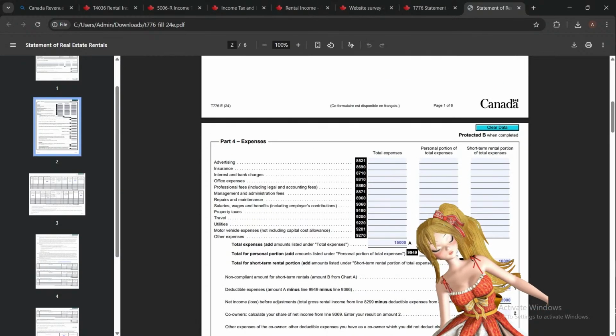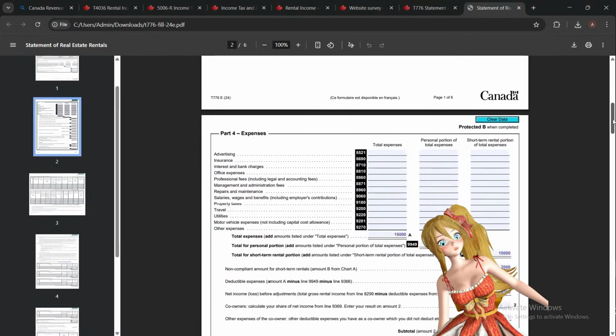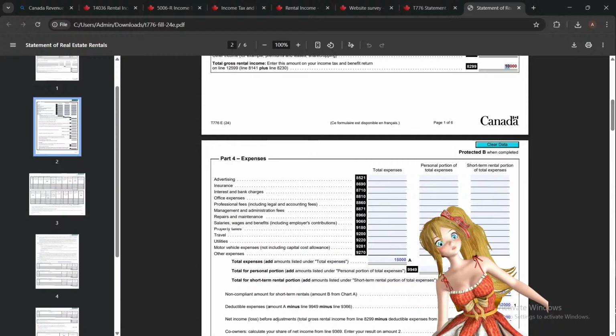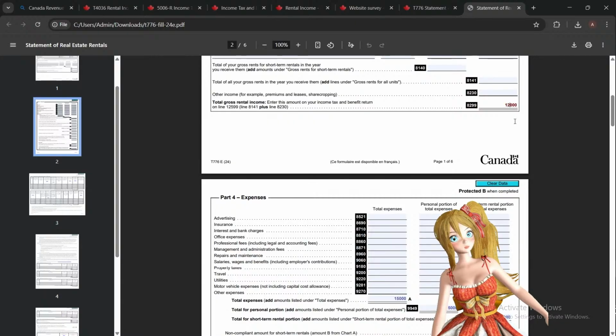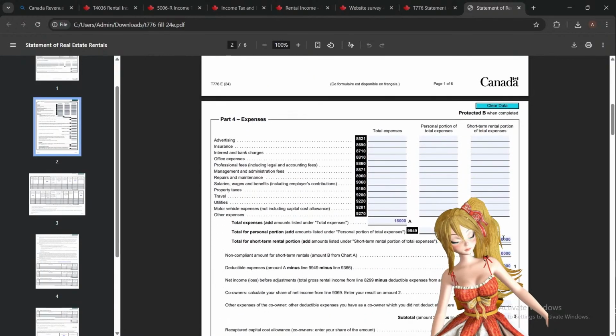No. So this example would be, if I charged 12,000 a year, but they didn't pay 2,000. So let's say they did pay the 2,000, right? So I did earn my 12,000.